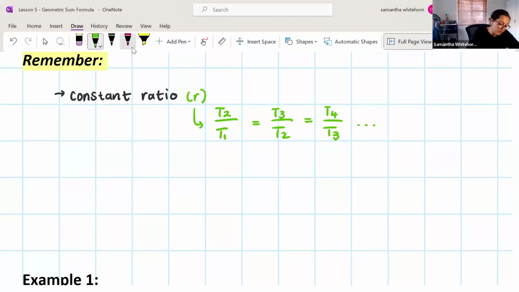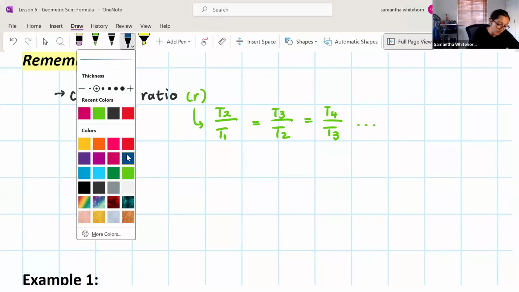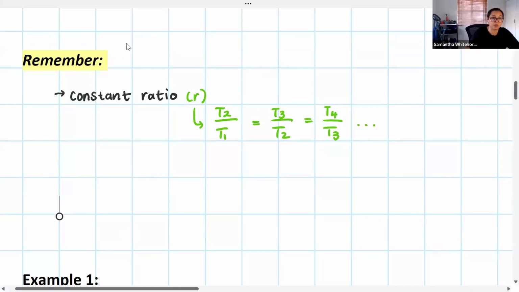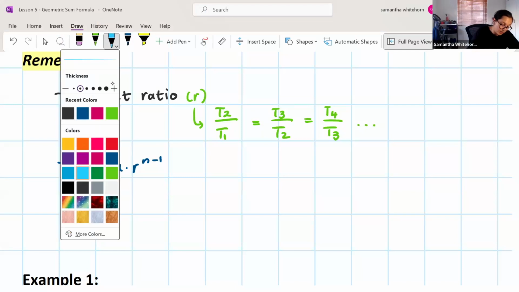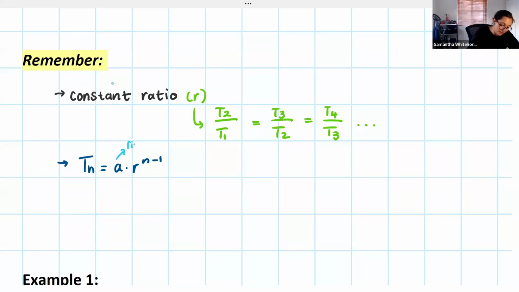The second thing that we always need to bear in mind is the formulas that we do know that relate to our specific sequence or series. So thus far, we know Tn is equal to A times R to the power n minus 1. And we know that A is your first term, and R is the ratio we've just spoken about.